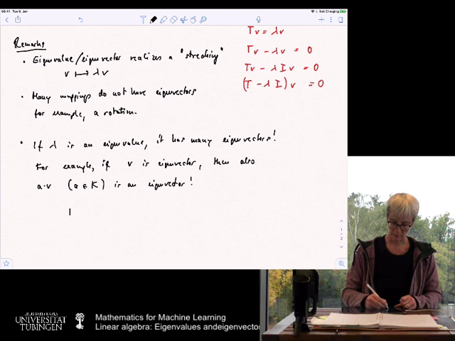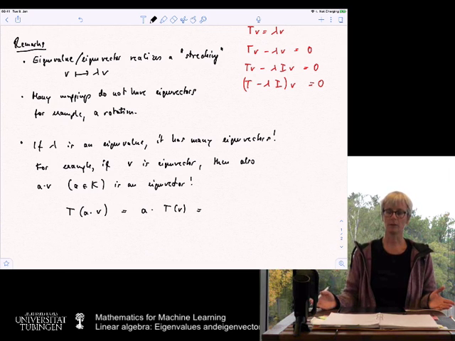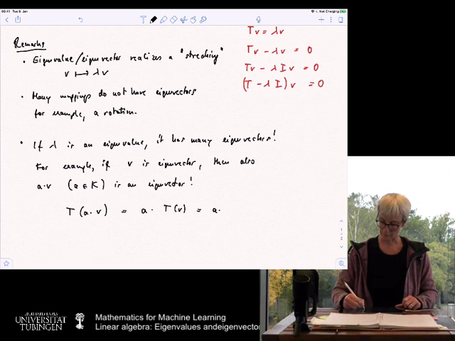Because if you just observe T of a times v, this is the same as a times T of v by linearity.